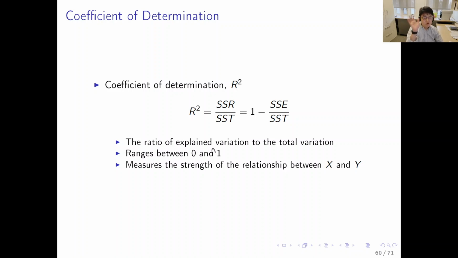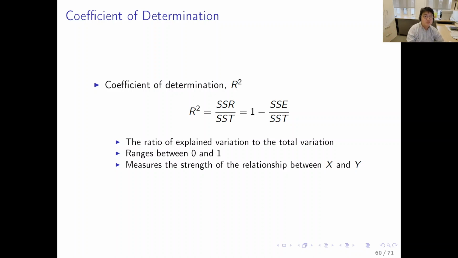So our simple example could explain about 93%. Of course, this is a percentage because it's always between 0 and 1, right? If R square is 0, that means the regression does not explain anything. But if R square is 1, that means your model explains 100%.